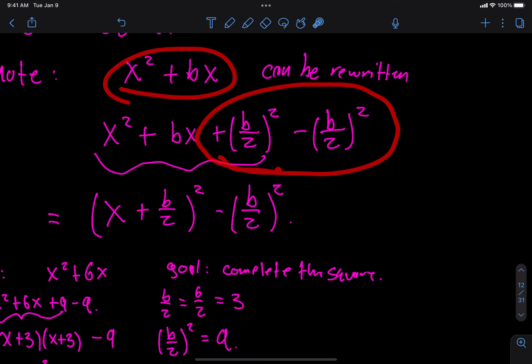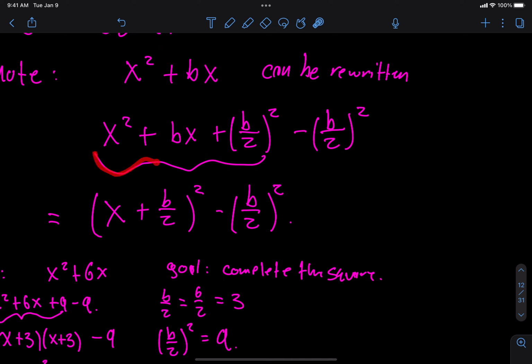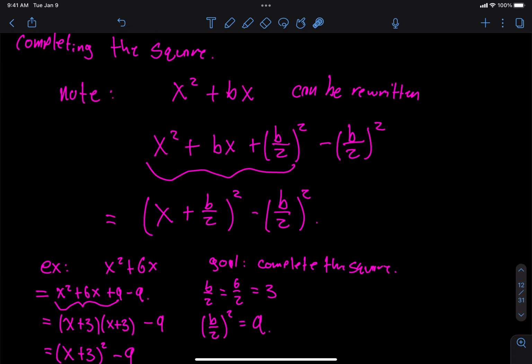Okay, so if I add and subtract, then I haven't changed anything. But since I have this additional term here, I can go ahead and factor this three-term subpiece of our equation and get a perfect square. Okay, so that's by design. We pick b over 2 and we square it. We add and subtract that number in order to be able to complete the square.